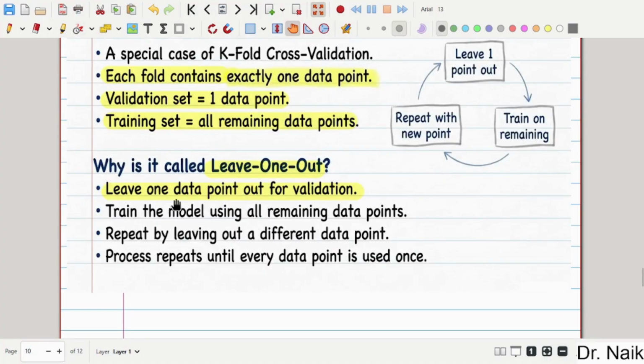Because here we are leaving one data point out for validation and we are using all remaining data points to train the model. Repeat by leaving out a different data point, and the process repeats until every data point is used once. So leave one out means leave one data point for validation.